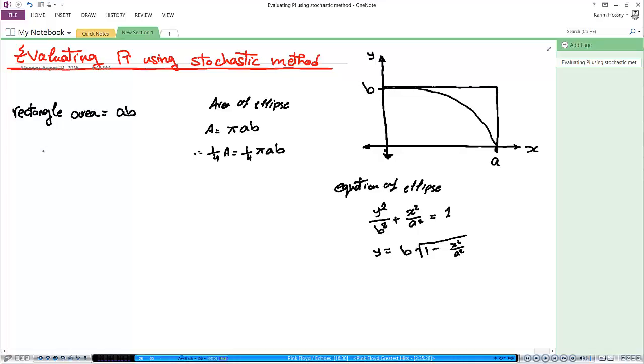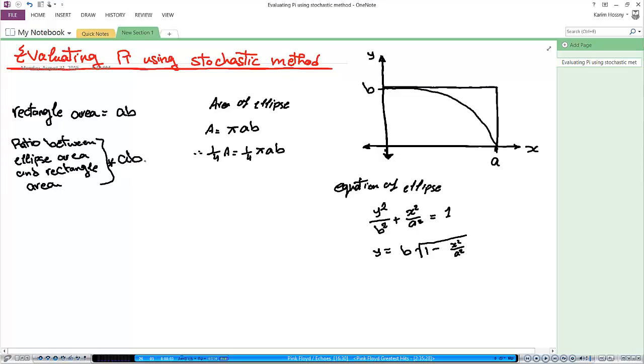Therefore, to find the area of this ellipse, we'll have to find the ratio between the area of the ellipse and the area of the rectangle, all of this multiplied by the rectangle area, which is AB.